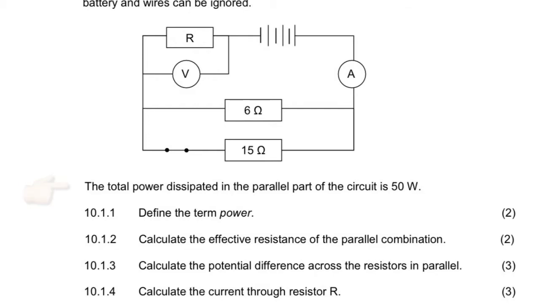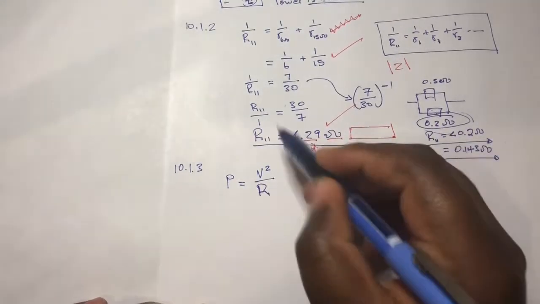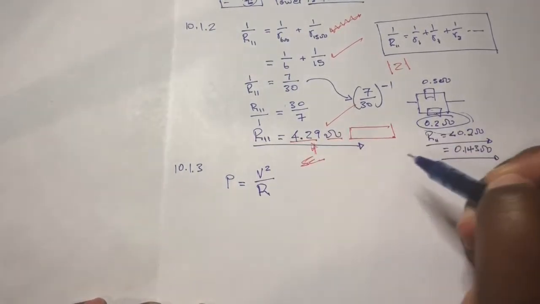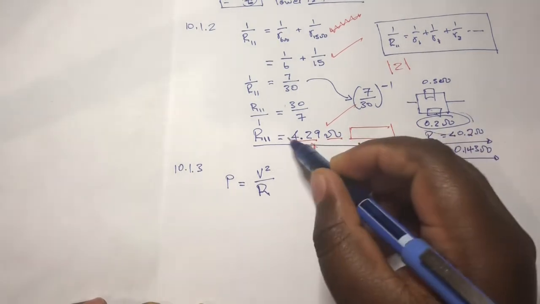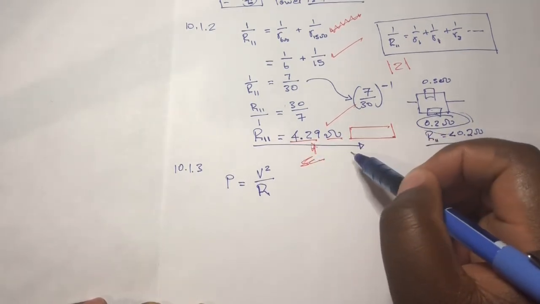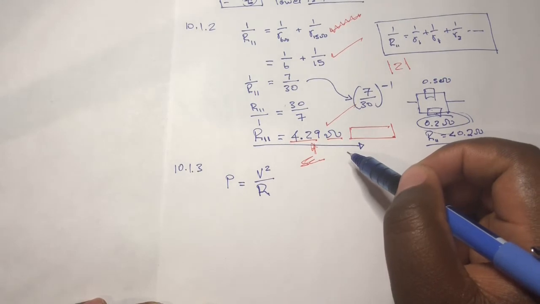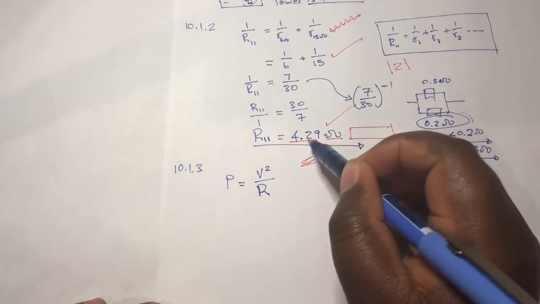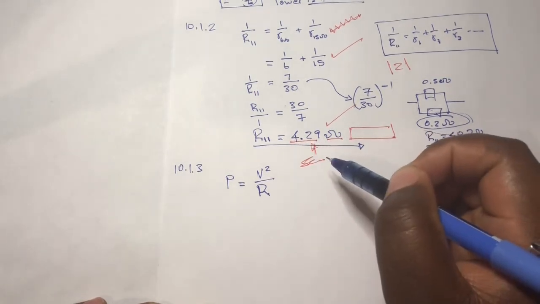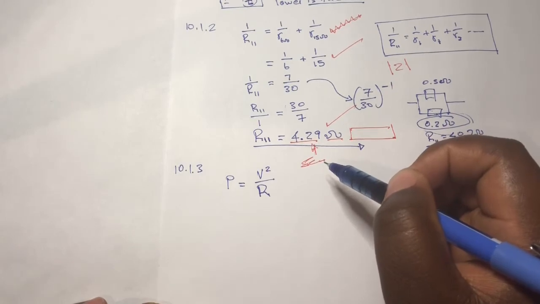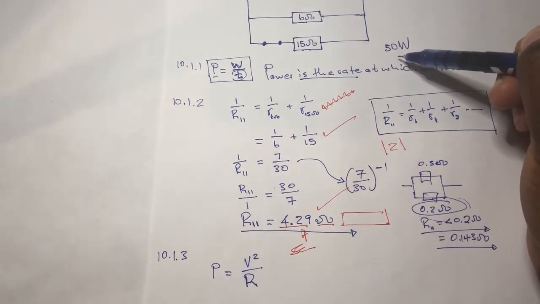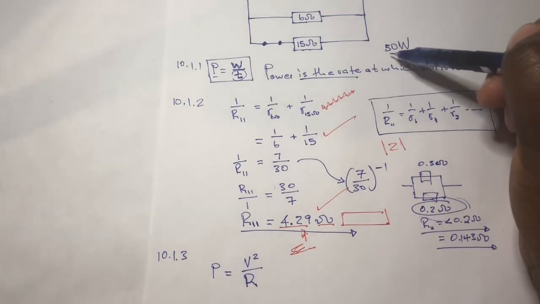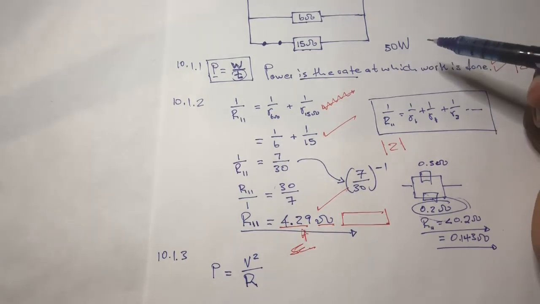I've just calculated the effective resistance of the parallel combination, which is 4.29. And I also have additional information on that parallel connection, which is the power dissipated. So the total power is 50 watts.